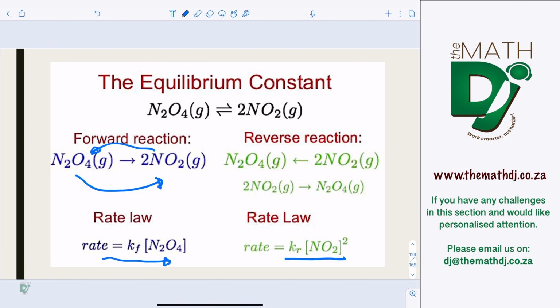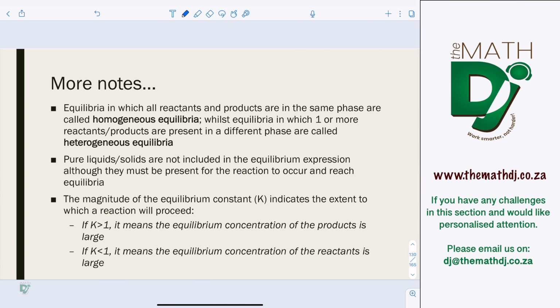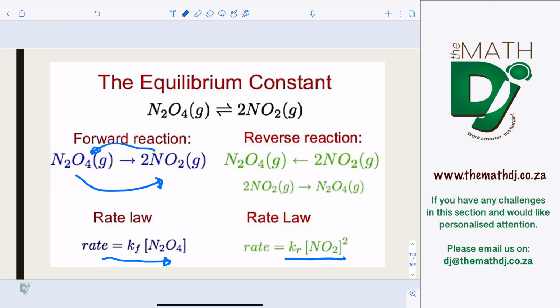Sometimes they put R. So when you are writing out the Kc, it will be the concentration of this to the power 2 divided by the concentration of that. Here it is to the power 1, so you can just leave it like that. So this is how it is.